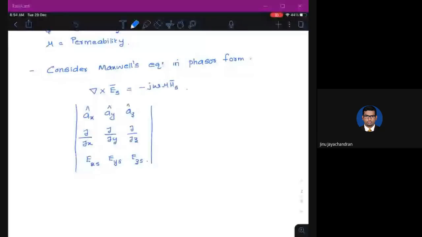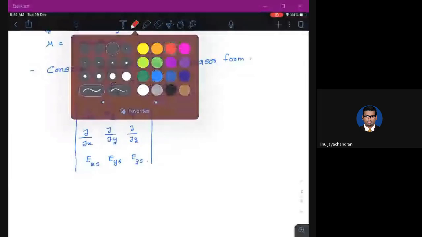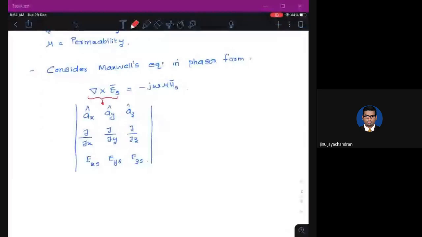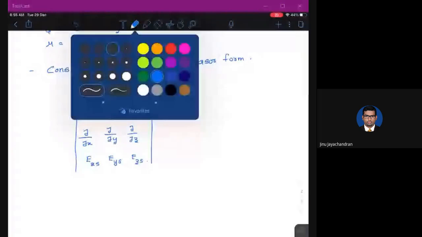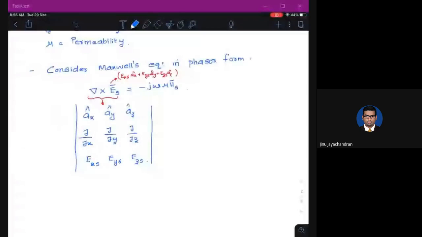So this is basically the curl of ES, where ES has components EXS ax cap plus EYS ay cap plus EZS az cap. So I can write del cross ES as the determinant of ax cap, ay cap, az cap, dou by dou x, dou by dou y, dou by dou z, EXS, EYS, and EZS.